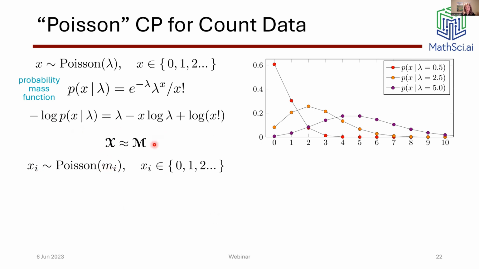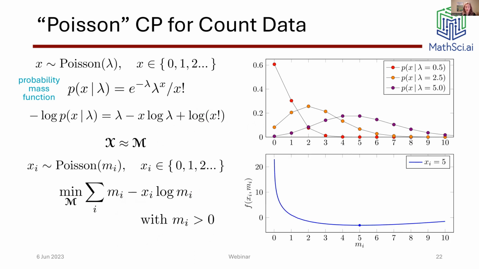That comes from our multilinear model. And then we can write our objective function as we see here. We want to minimize over m, this model, and then we drop off the constant term, which is the plus log x factorial, and we just get mi minus xi log mi when we plug in mi for lambda. And these are all with mi positive.